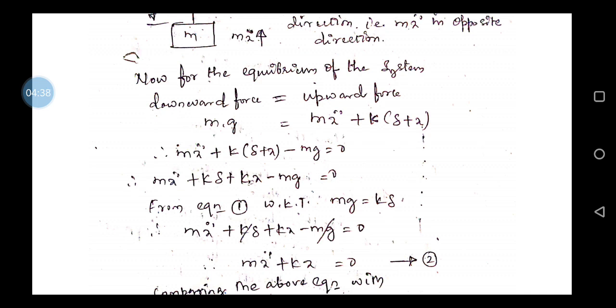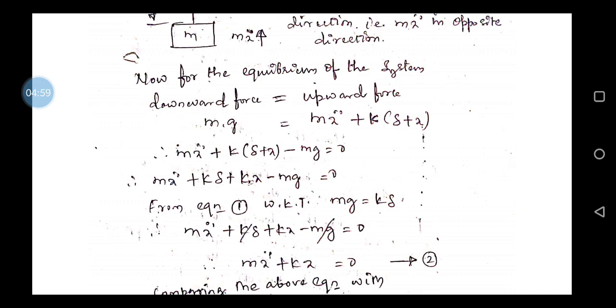So m x double dot plus k into delta plus x, I am going to take mg from the left hand side to this side, so it becomes minus mg, which is equal to 0. Now expanding the bracket, m x double dot plus k delta plus kx minus mg is equal to 0.